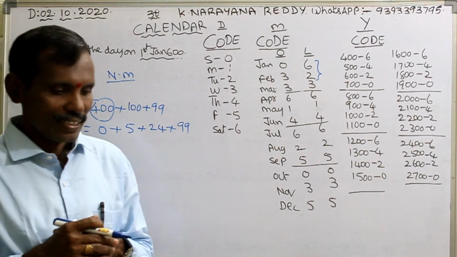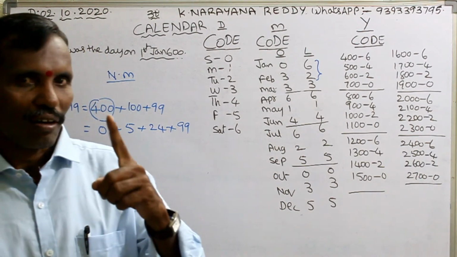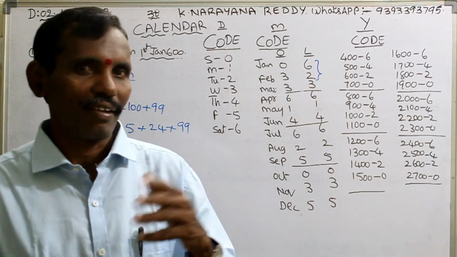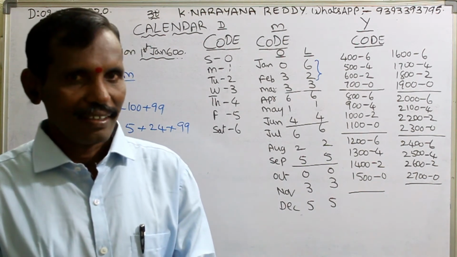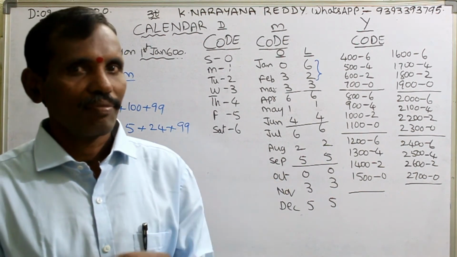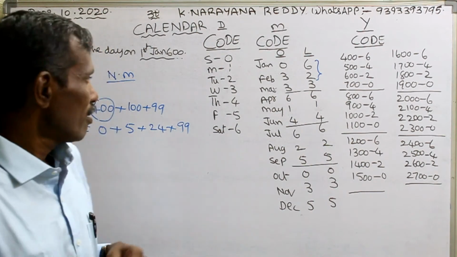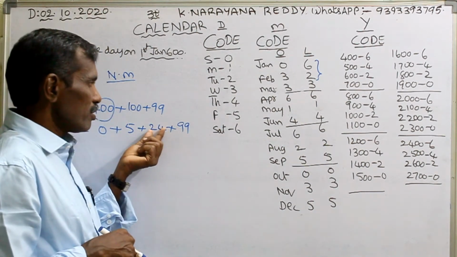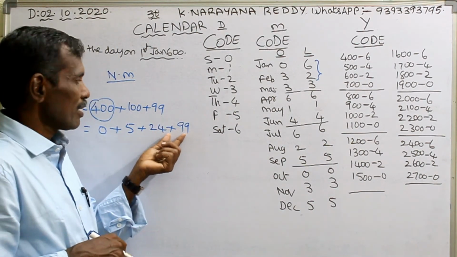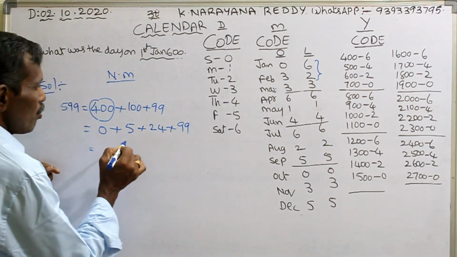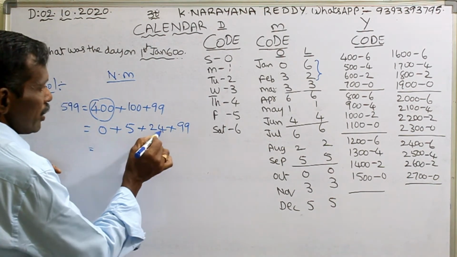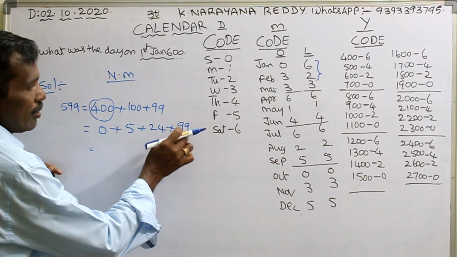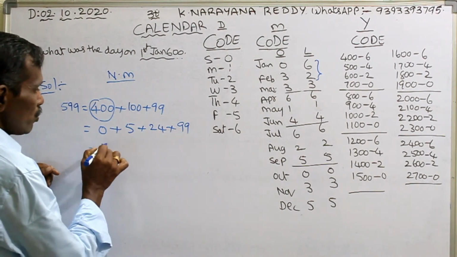In 99 years, every year contains 1 odd day, whether leap year or ordinary year, because an ordinary year contains one odd day and a leap year contains two odd days. The 24 are also included already. So totally, 99 plus 24 is 123.